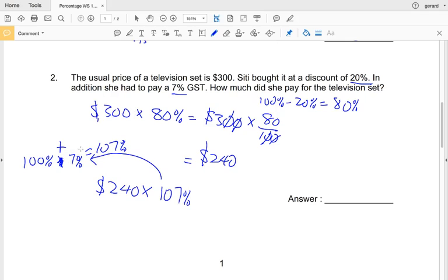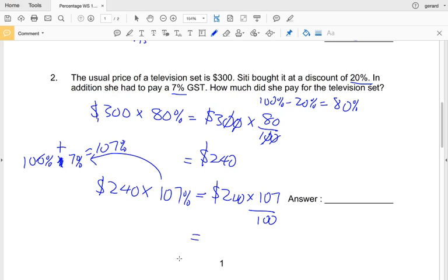The GST will only be charged according to the new price. So the new price now, we're setting it at 100% again. We're resetting everything to 100%. So here we have 240 times 107%. Use the same method: 240 times 107 over 100.